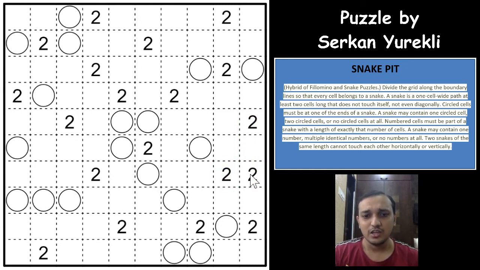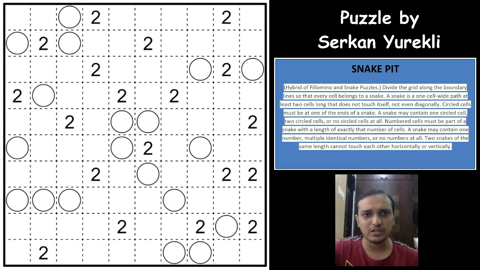And in this, snake rules also come into play. So usually a snake is 1 cell wide and long, right? So it has to be at least 2 cells long. So in this puzzle you cannot have a Philomeno of cell 1. According to the rules, you will have at least a snake of 2 cells long, and the snake cannot touch itself even at diagonals.